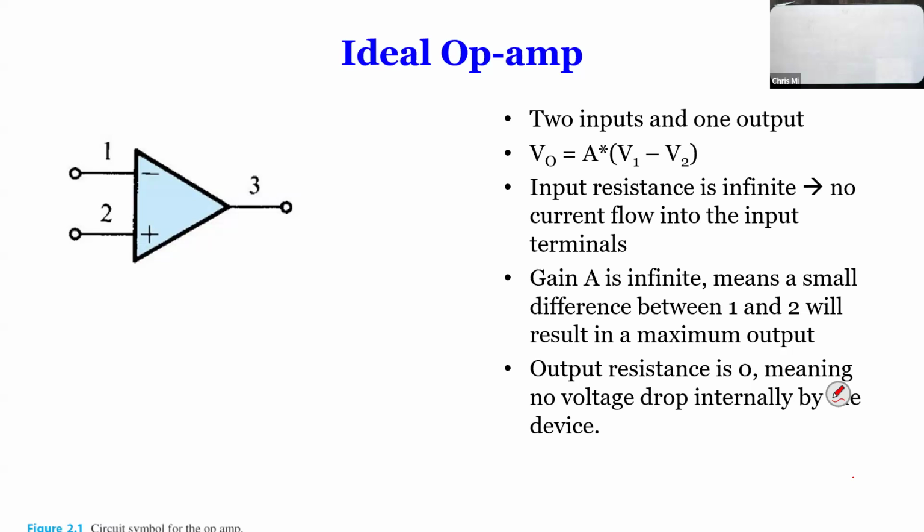And the one with the plus sign is called non-inverting. I guess the question is why you call it inverting and non-inverting, why not call it positive and negative? Well, you will see in the next few slides that the meaning of inverting is very different from positive and negative. So that's why they call it inverting. Somebody very smart made the definition at the time.